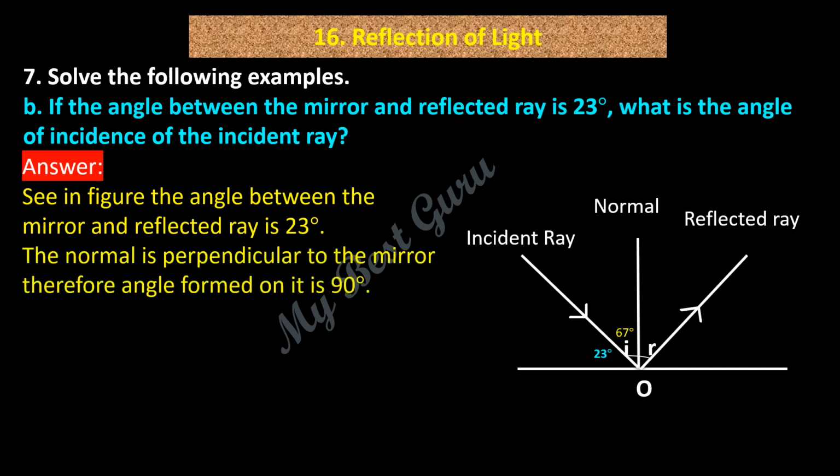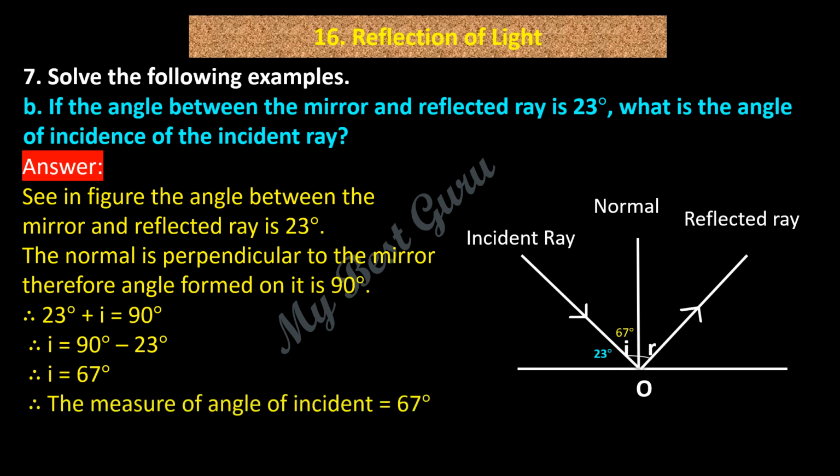The normal is perpendicular to the mirror, therefore angle formed on it is 90 degrees. Therefore, 23 degrees plus I equals 90 degrees. Therefore, I equals 90 degrees minus 23 degrees. Therefore, I equals 67 degrees. Therefore, the measure of angle of incidence equals 67 degrees.